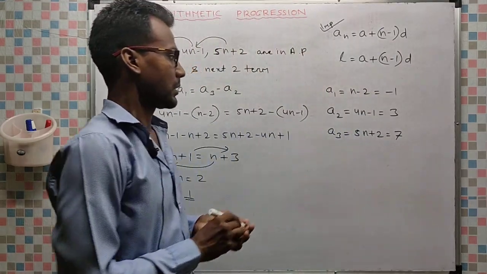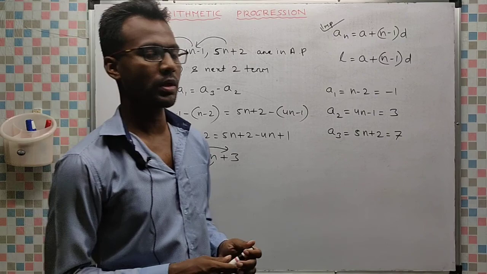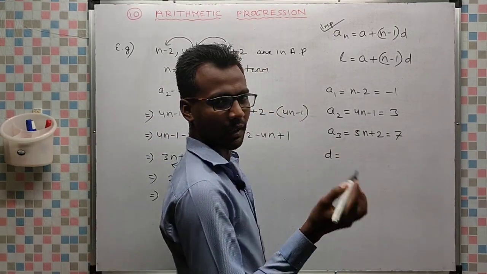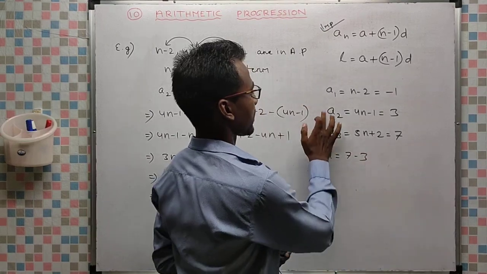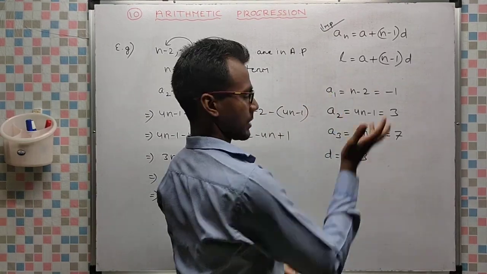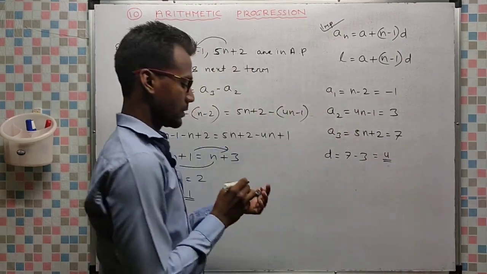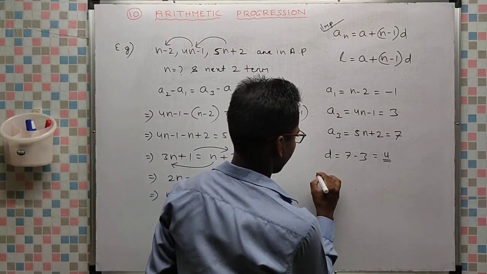Now just get the common difference. What is the common difference? D is equal to, take any two terms, suppose 7 minus 3, A3 minus A2, or A2 minus A1. Any one you can do, which is 4. Once you get D, you can find any term. So what will be A4?